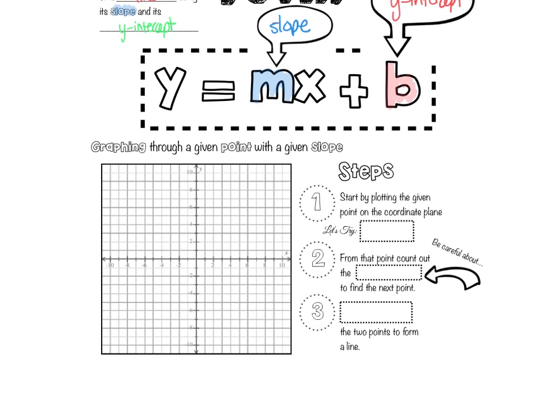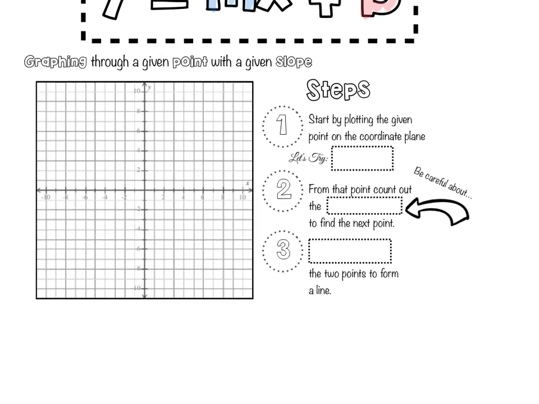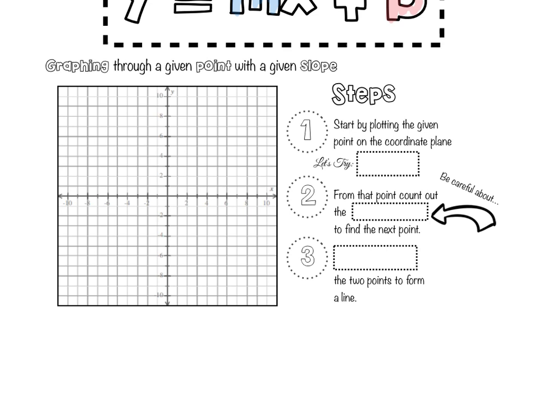So when you are graphing through a given point with a given slope, these are the steps that you're going to follow. So let's say that you are given the point (3, 2), and then you are also given the slope of this equation of a line is, let's say, 2 for this one, okay?